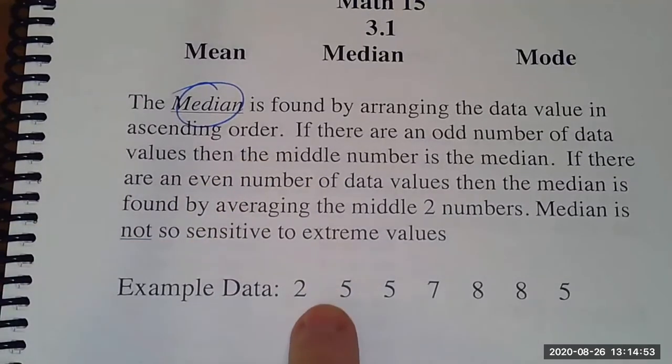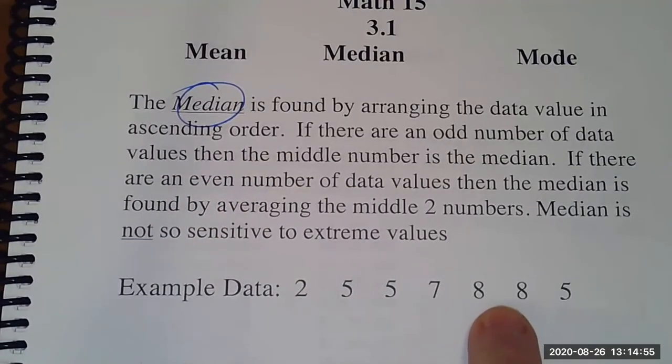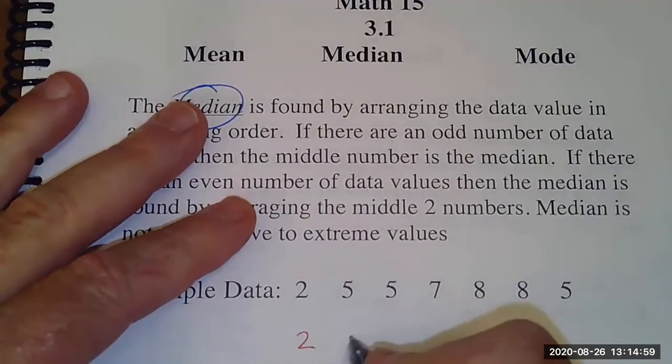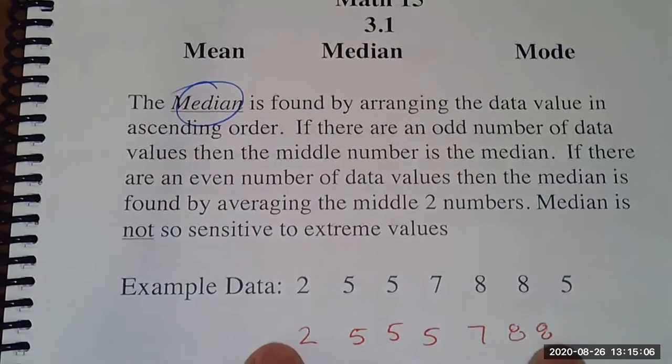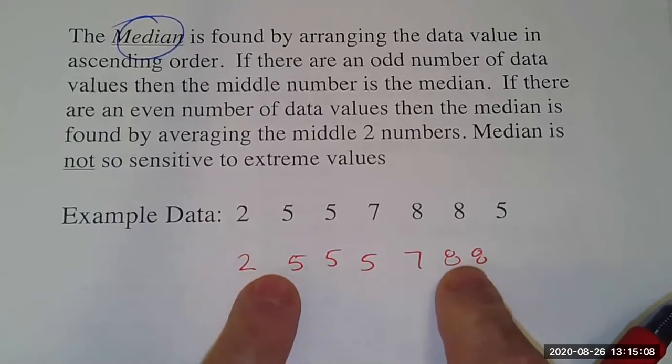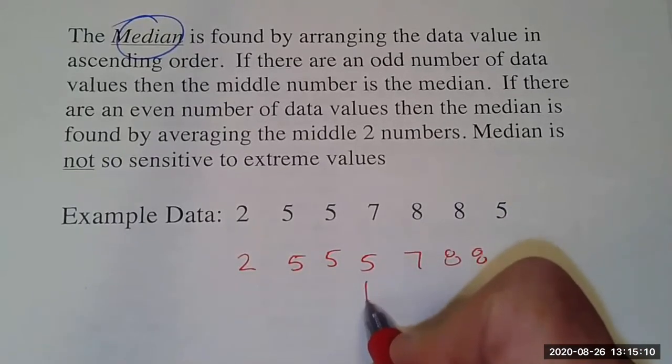But for you guys, you got to arrange in an order and then pick the middle one. So here we go. This is not in order, so you're going to go 2, 5, 5, 5, 7, 8, 8. Okay, I'm just going to count like this. This is the middle one.